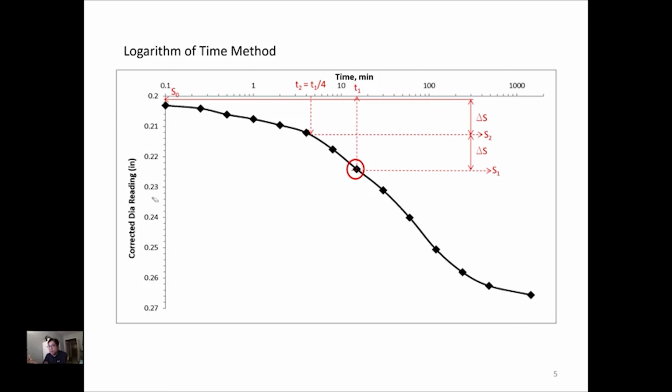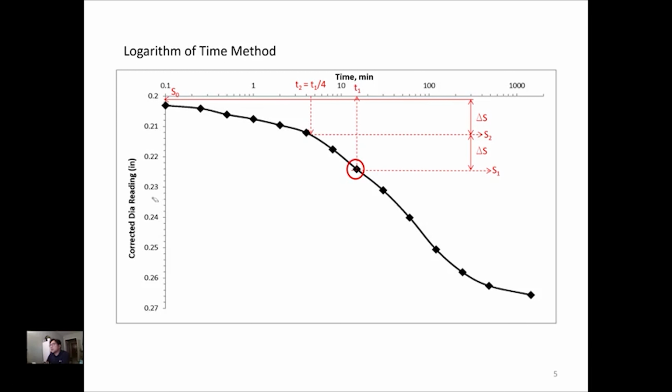That's why we have so many of these plots for your lab exercise, because we have 12 to 14 loading increments. For each loading increment you would expect one time-settlement curve and go through all this procedure we are talking about here. In the end you have a specific C sub V value for each loading. So here we got the S0, right?